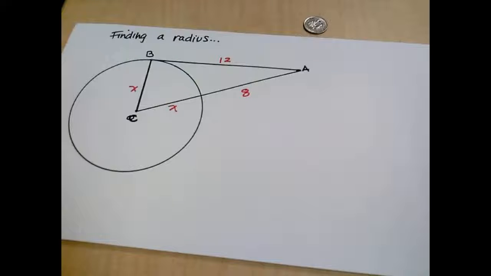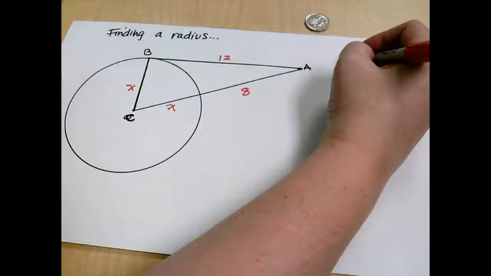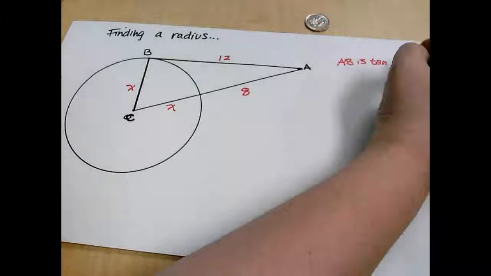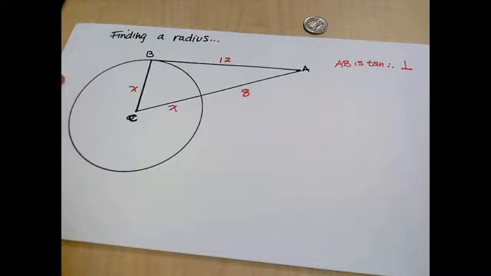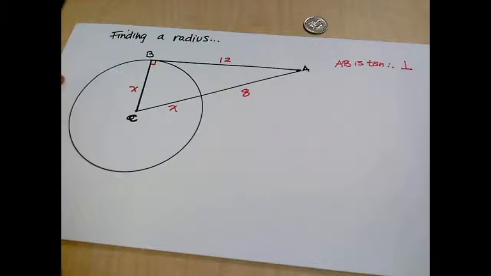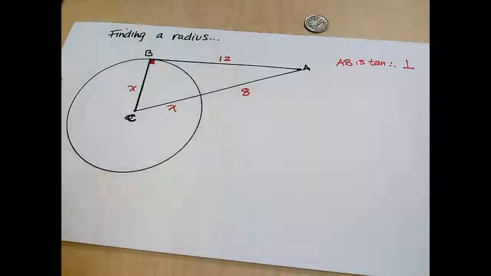So they're all equidistant. The second thing that you should realize is, since AB is a tangent, we know that it makes a right angle. So because AB is a tangent, therefore it's a right angle. Now, one of my favorite things about right angles is that they form right triangles, and it opens up for us to use the Pythagorean theorem.